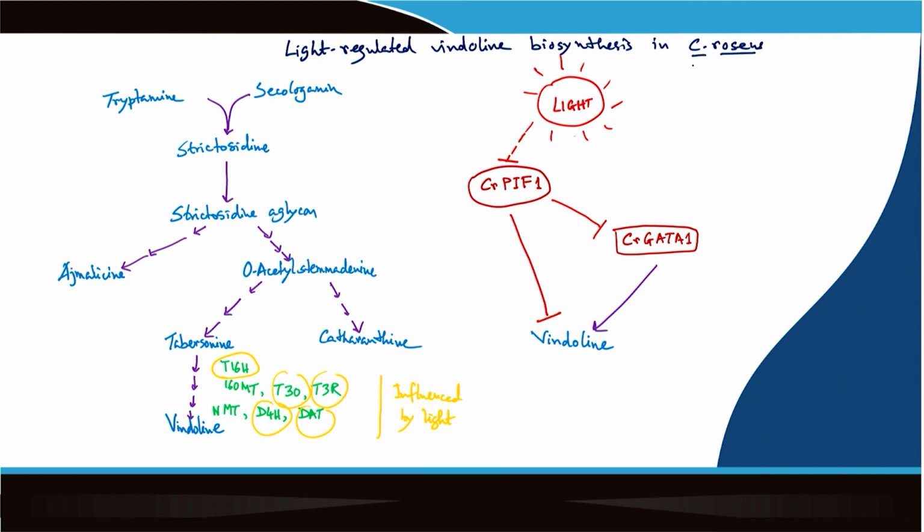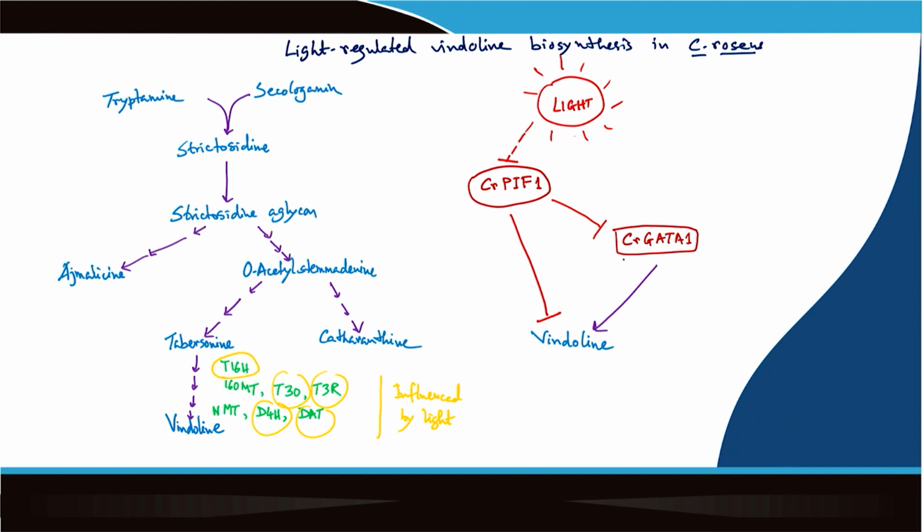So, CrPIF1, phytochrome interacting factor 1, basically suppresses CrGATA1, which is another transcription factor.